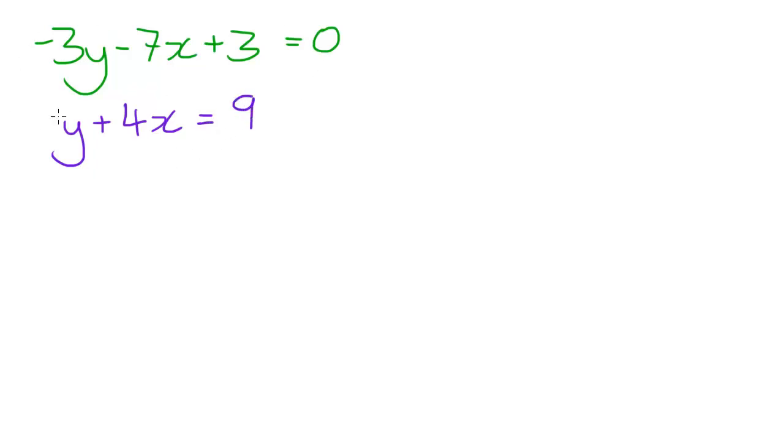So I have these two lines here, and I can't really do the same as what I did last time. I can't just make the two y's equal to each other because I don't have the two y's in isolation.